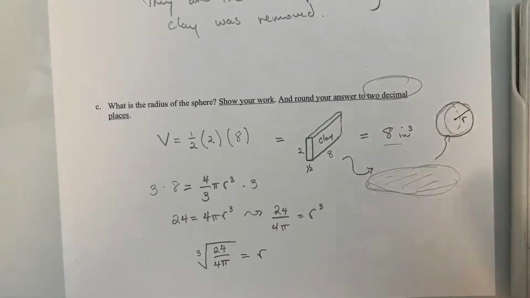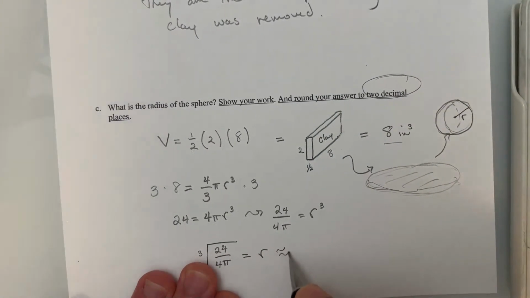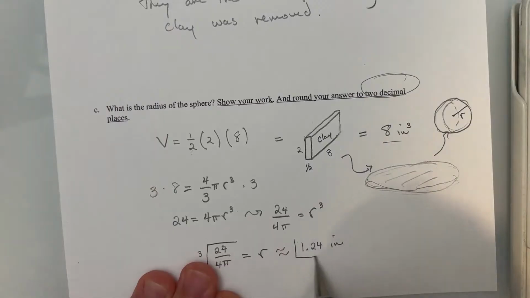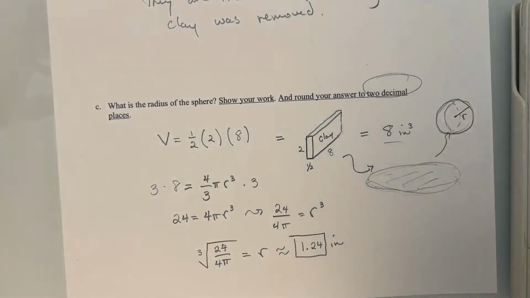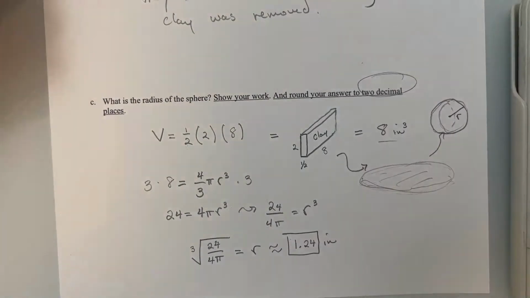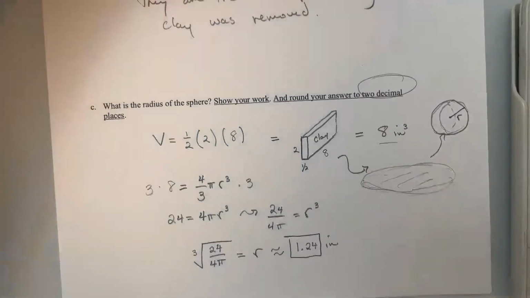So 1.24. It didn't say to include units, so I'm just not boxing them. Okay. Next.